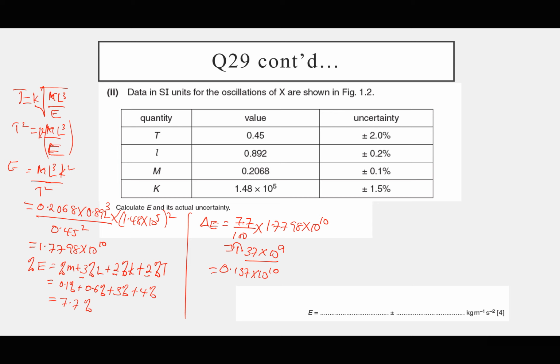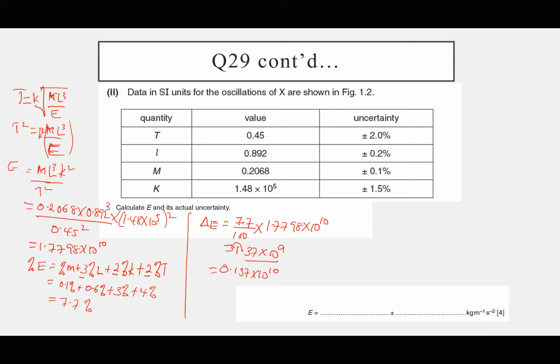Oh, sorry, I'm getting a different value. I have to check it again to be very sure. 1.48 exponent 5 and squared.